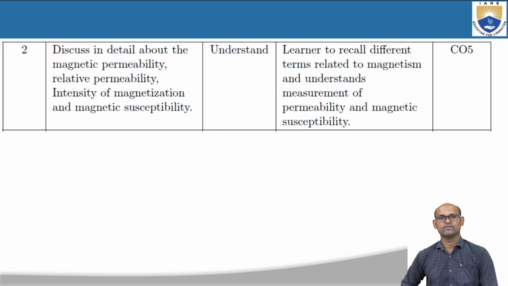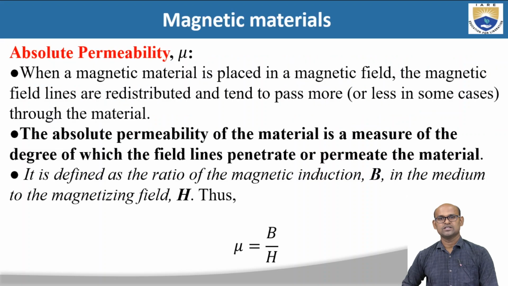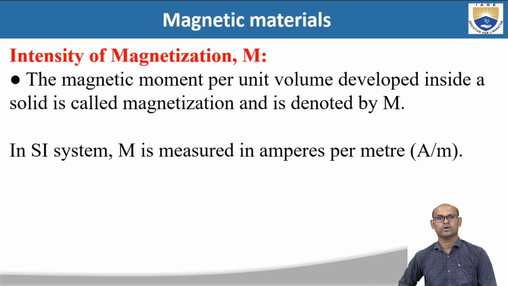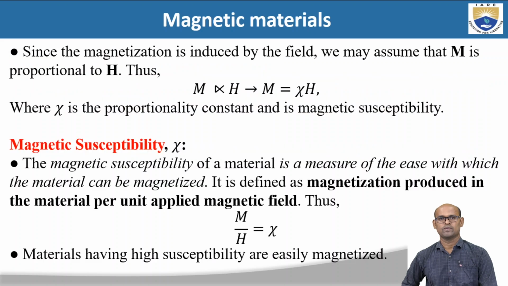So basically we have defined magnetic permeability, relative permeability, magnetization, and magnetic susceptibility. Obtain the relation between magnetic susceptibility, magnetization, and magnetic field intensity. We know magnetization is the magnetic moment per unit volume developed inside a solid, and the units are amperes per meter.